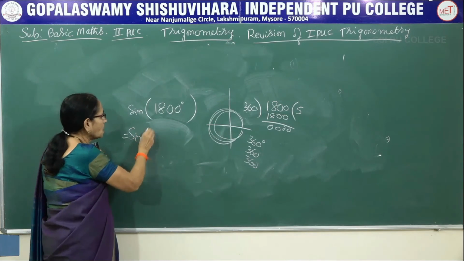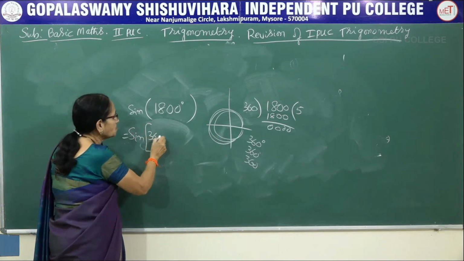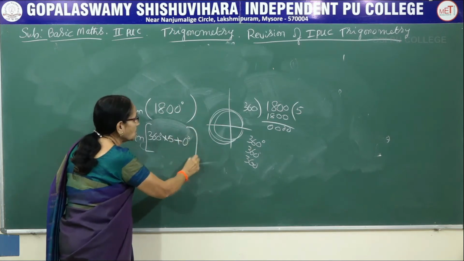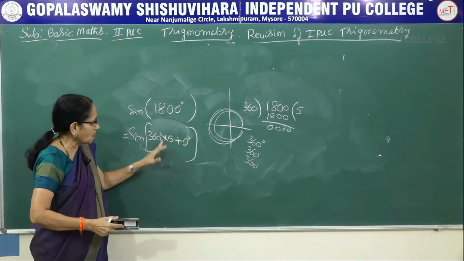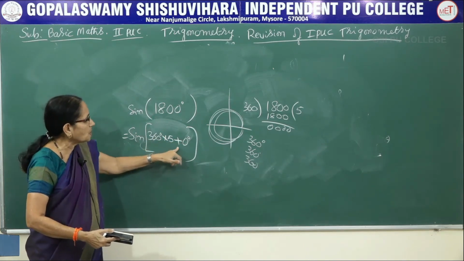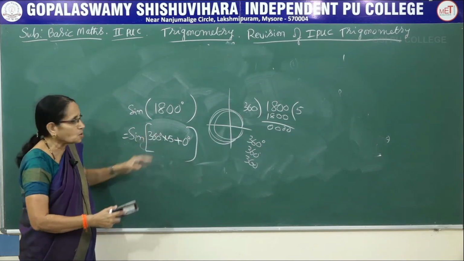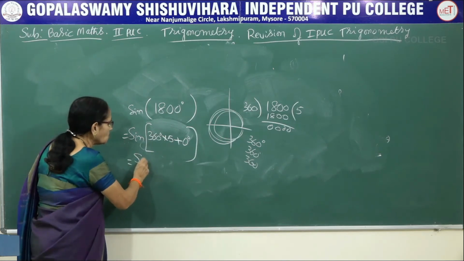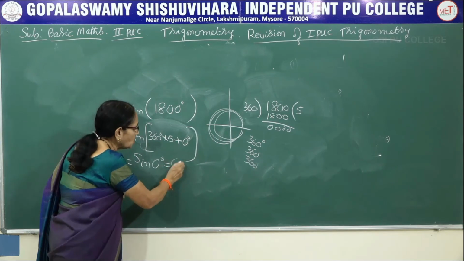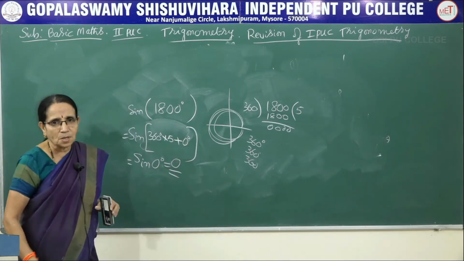This angle can be written as 360 into 5 plus 0 degrees. Same thing I am writing in a different way, that's all. So neglecting this quadrantal angle, it is as good as writing sine of 0 degrees, whose value you already know is equal to 0.